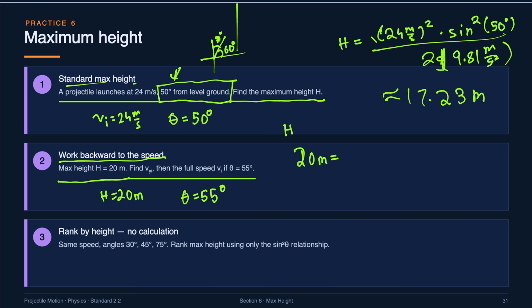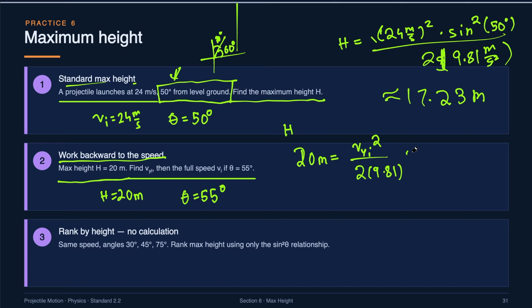If you use the height formula, Vyi squared over 2 times 9.81. So 20 times 9.81 times 2, and square root of that.